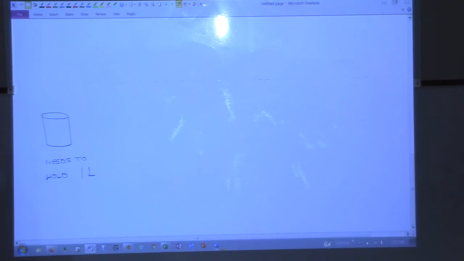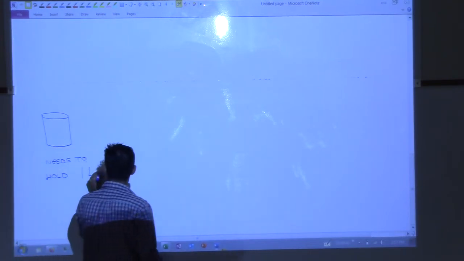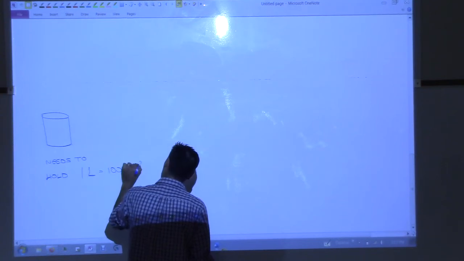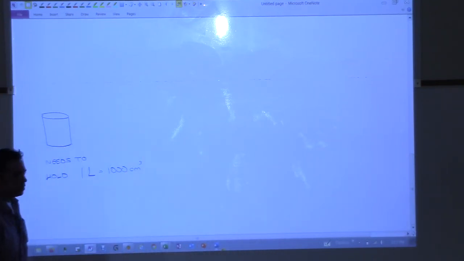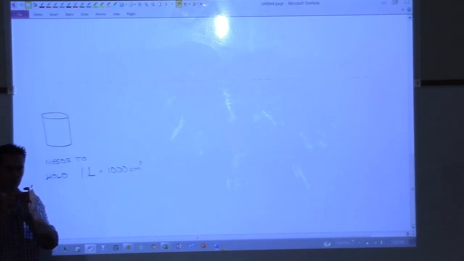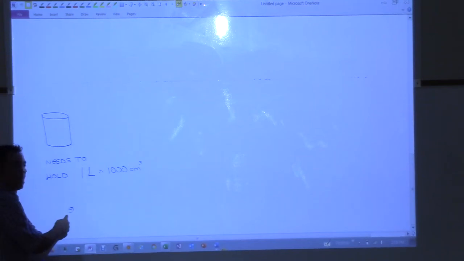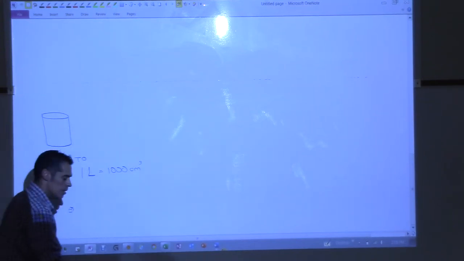And a liter, just for our information, is 1,000 cubic centimeters. So a centimeter is pretty small. If you take a little block that's a centimeter by a centimeter by a centimeter, 1 liter contains 1,000 of those, all right? That's what a liter is.